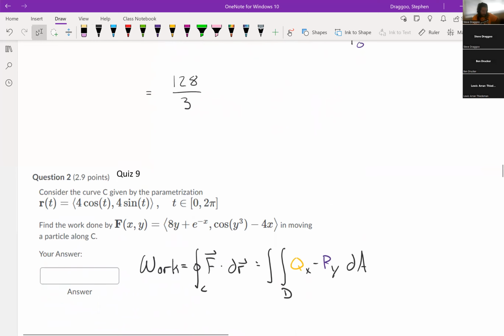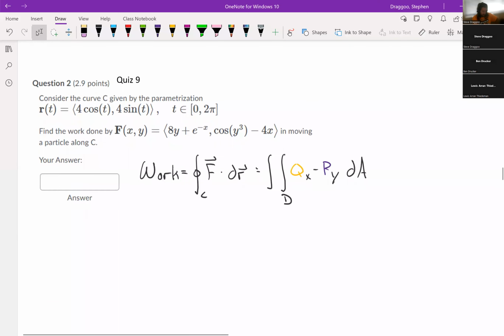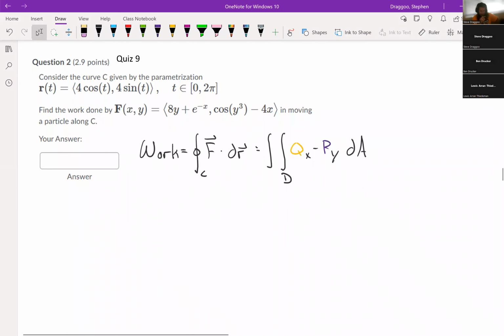All right. And up next, I thought I'd review a question from quiz 9. Still pertaining to Green's theorem here. So we'll consider a curve C. They gave us a parameterization.